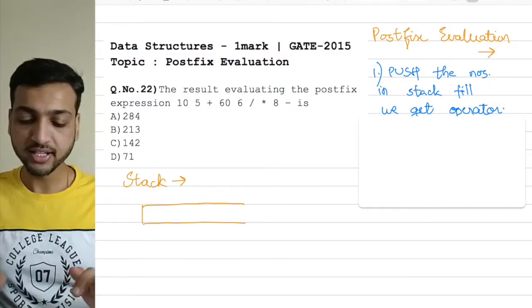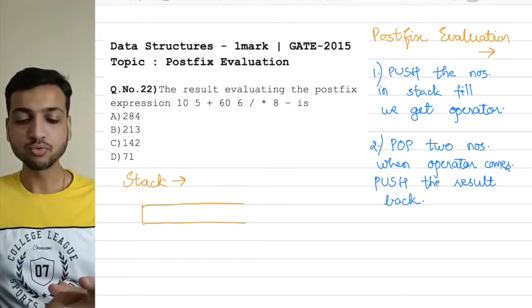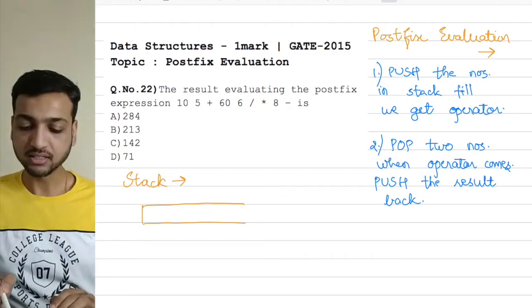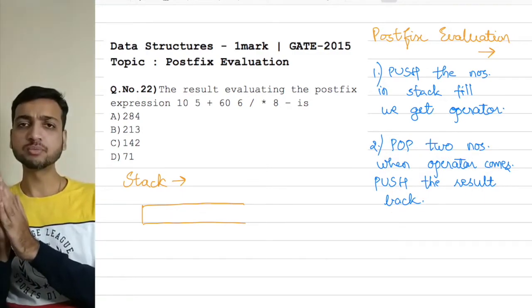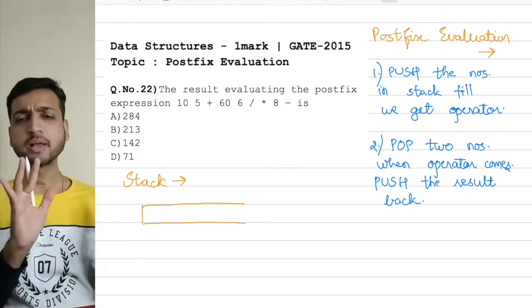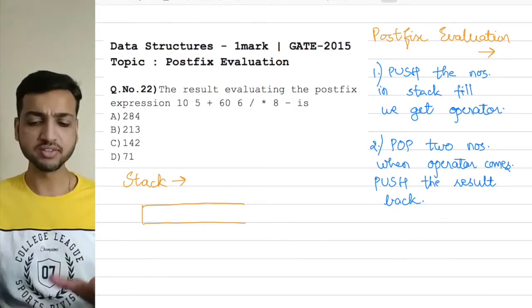And now what to do when we get an operator? So here's the second step. Whenever we see an operator, you have to pop two numbers from the stack and push the result back. So pop two numbers from the stack, use the operator, and whatever is the result, push it back into the stack. Very simple, crisp 2 steps of how to evaluate the postfix expression.